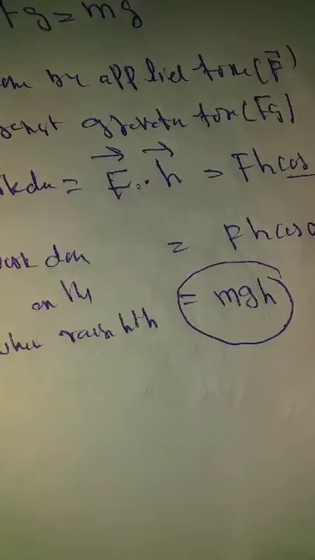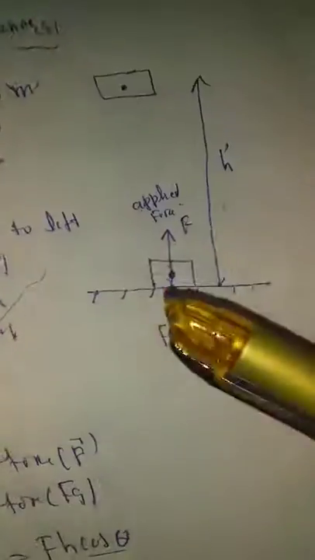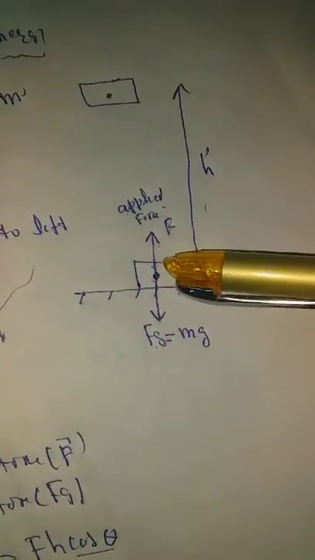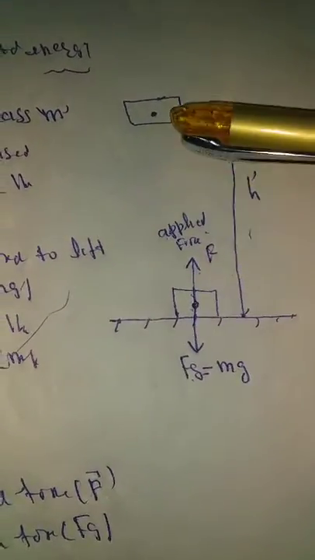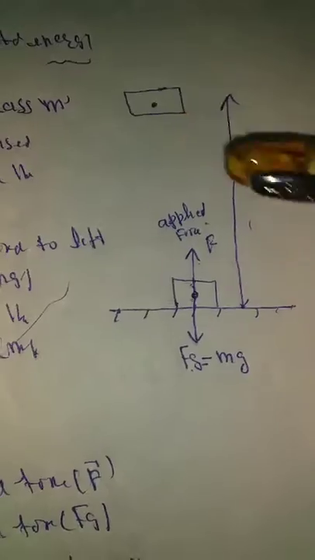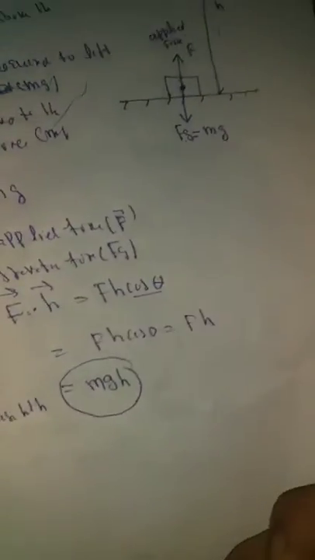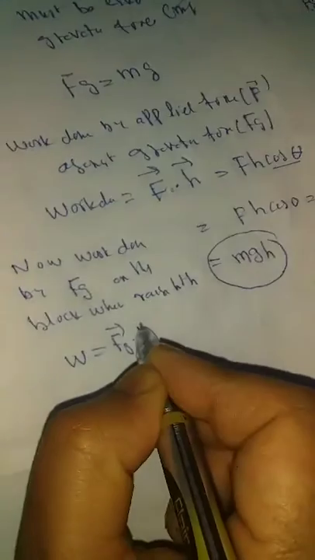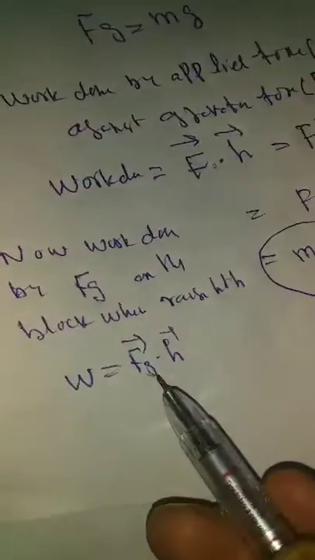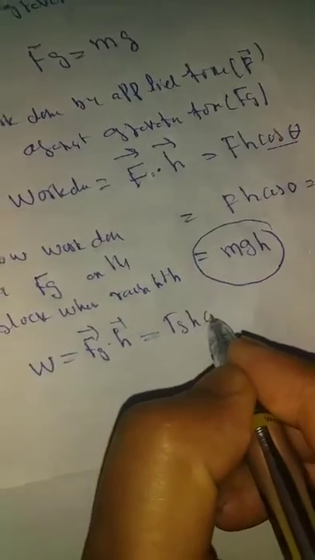Now, how much work is the gravitational force doing when the body is raised from the surface of the ground to a point at height h? Work is equal to force into distance, that means Fg h cos theta.